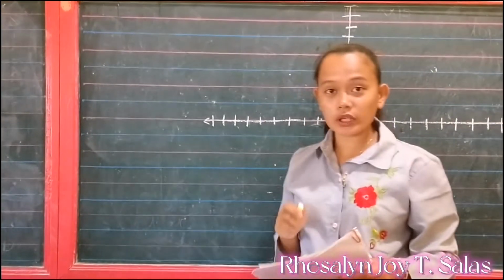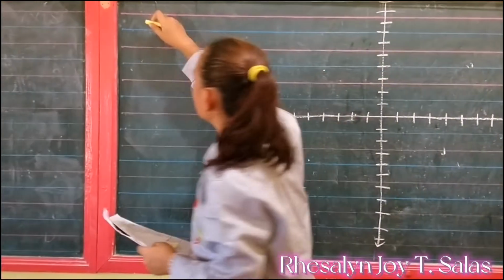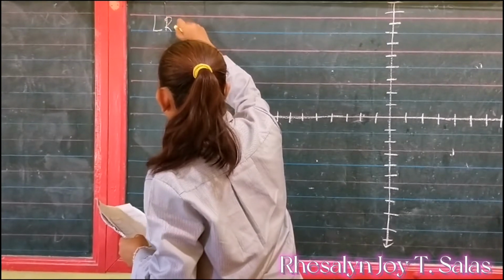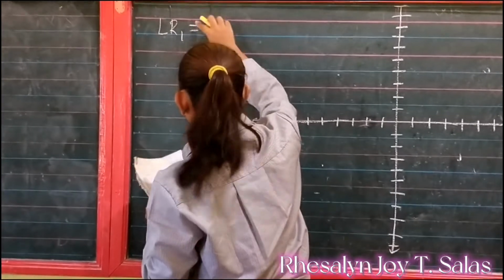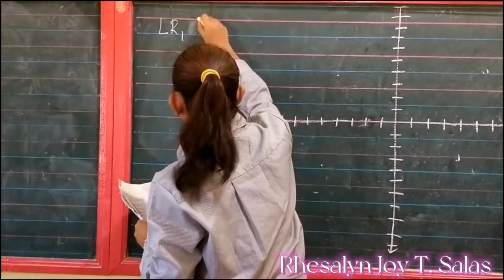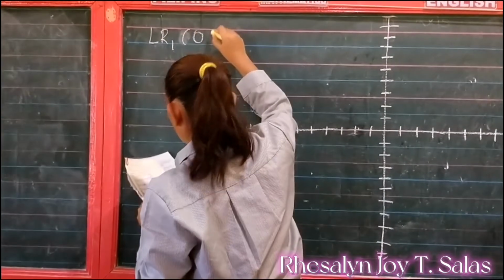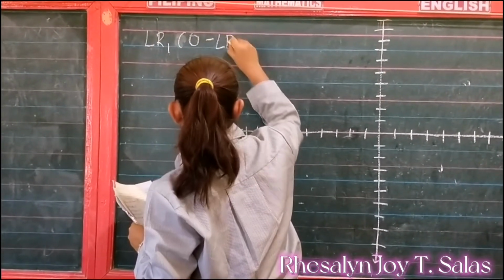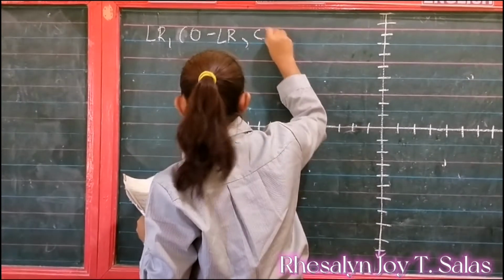Now, to get the 4 latus rectum endpoints: first, LR1 has coordinate (0 minus LR, positive c).